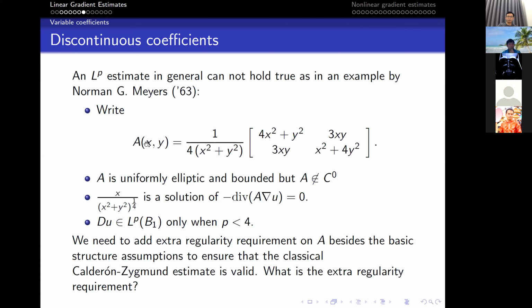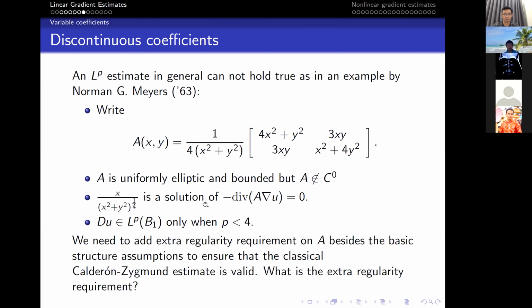But this matrix is uniformly elliptic and bounded. Also, this is a solution for the homogeneous problem. Then, by direct computation, we can show that gradient U belongs to L^p only when p is strictly less than 4. If p equals 4, then it does not work.